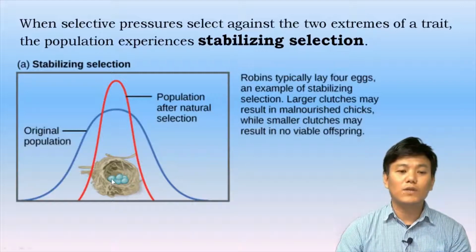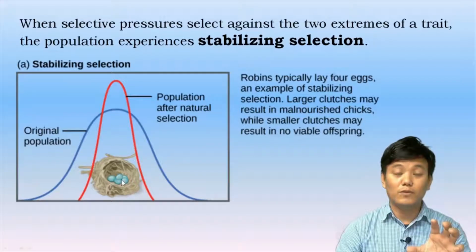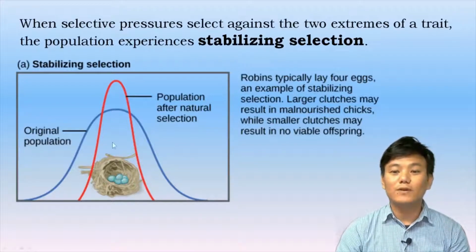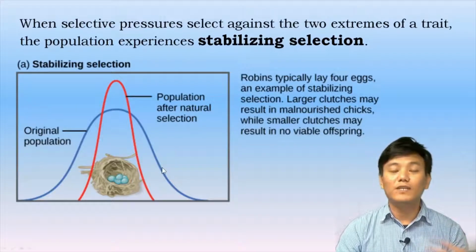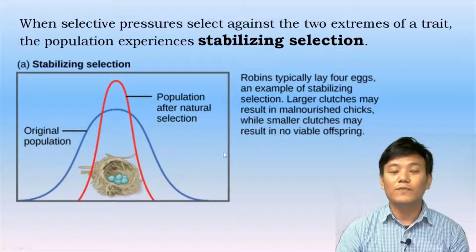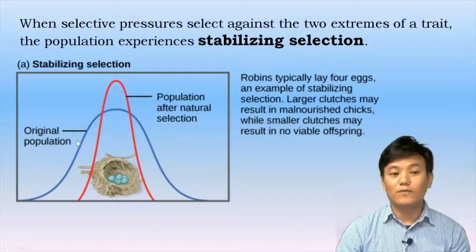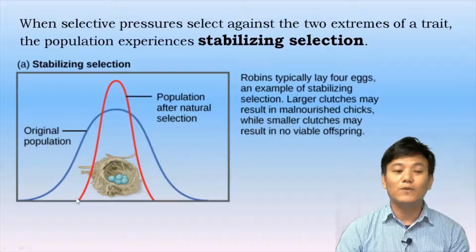Whereas the robin population which lays about 4 eggs is naturally selected. Why is it selected? If a robin lays more than 4 eggs, the chicks will become malnourished. The parents will have a problem feeding the chicks, and therefore the chicks will die off. The other extreme is if a robin lays less than 4 eggs, let's say 1 or 2 eggs.